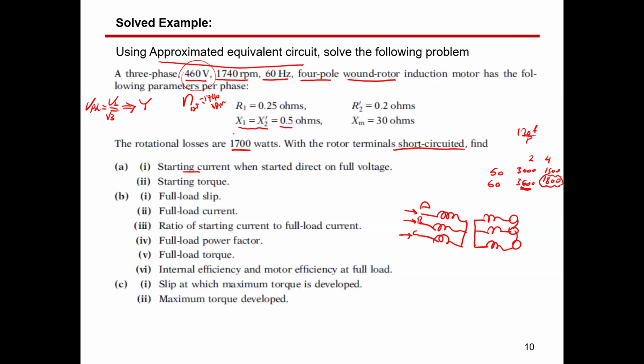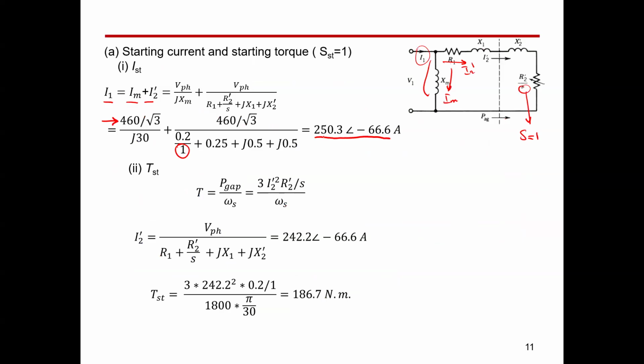The second thing here is the starting torque. How can we get the starting torque? You can use the current value, and you already have the relation of torque. Torque equals P gap divided by omega S. So P air gap divided by omega S equals 3 I squared R2 prime divided by S, divided by omega S, and again S equals 1 in the starting.